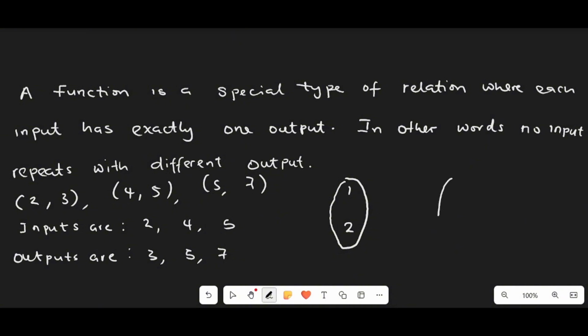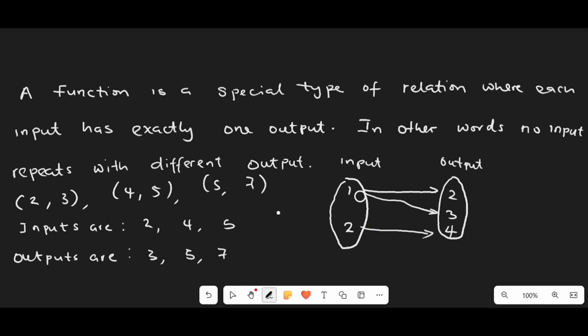This is our output, 2, 3, 4. 1 is mapped with 2 and at the same time is mapped with 3, and 2 is mapped with 4.